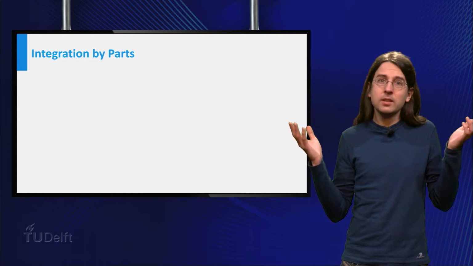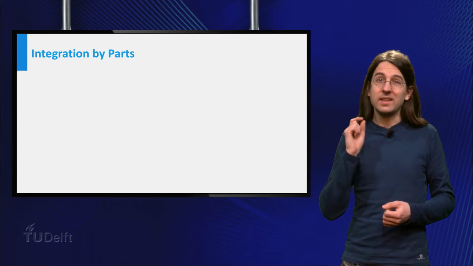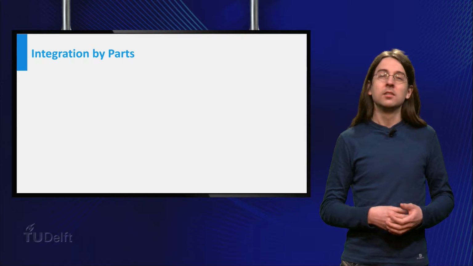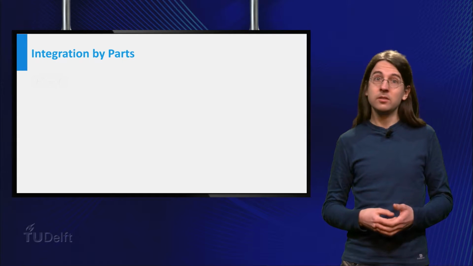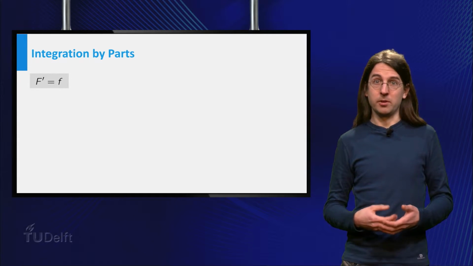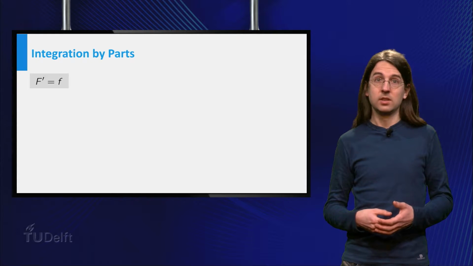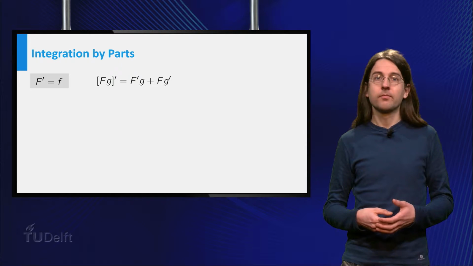Can you use a trick like this for arbitrary functions? Yes. To see how, it is convenient to write capital F for a primitive function of small f. That is, capital F prime equals little f.